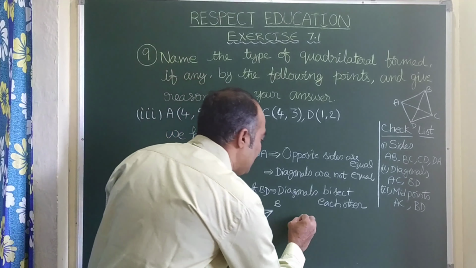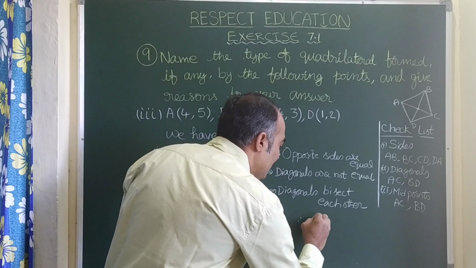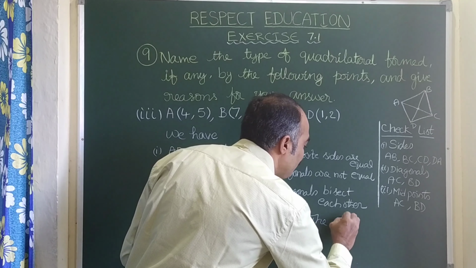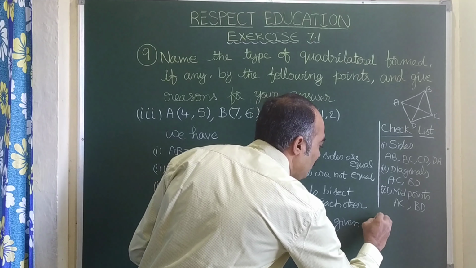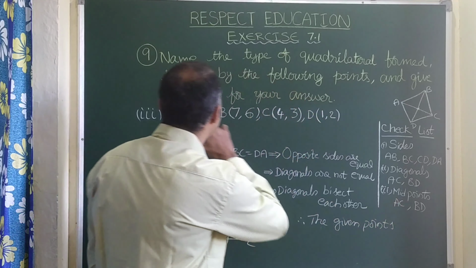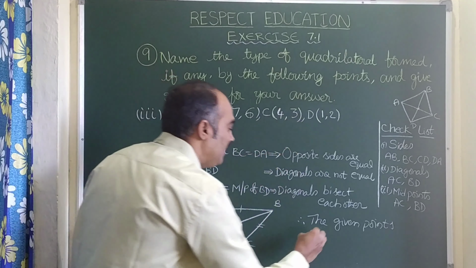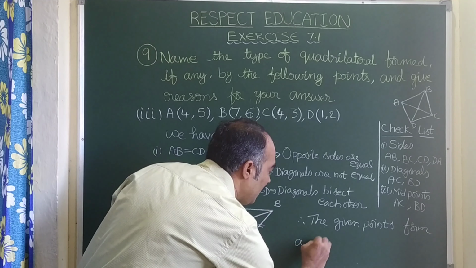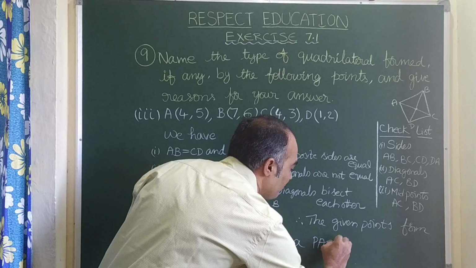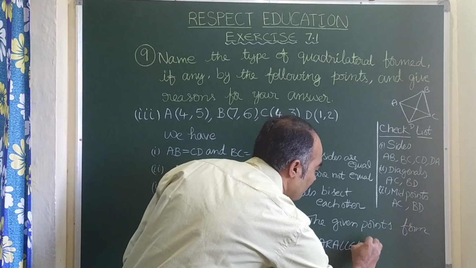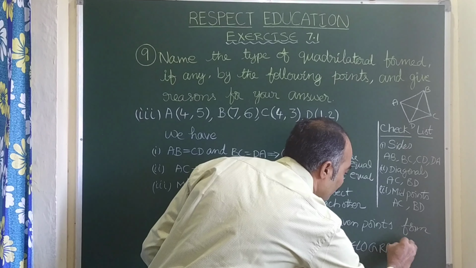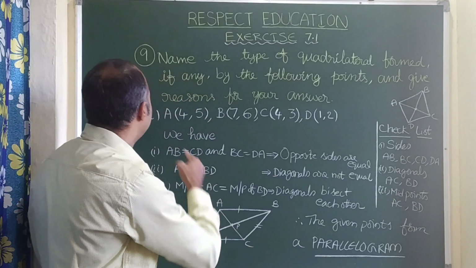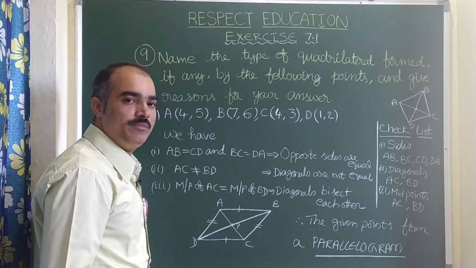So let us write: therefore the given points A, B, C and D form a parallelogram. With this, the ninth problem, third bit, gets completed.